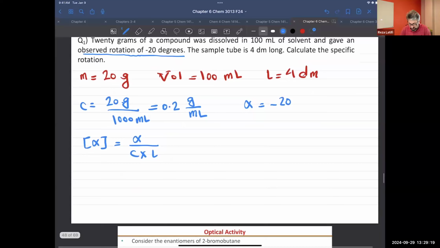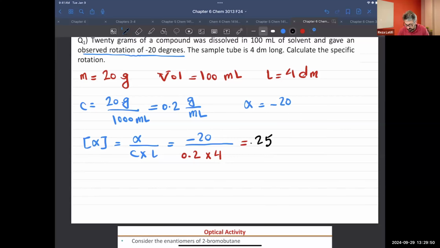So we go minus 20 divided by 0.2 gram over milliliter, multiplied by, you don't really need to write the unit here, just put the number 0.2 multiplied by 4 decimeter, and calculate that one. So I go 20 divided by 0.2 divided by 4. I got this equal to 25 degree. It's negative, so I'm going to say the specific rotation is minus 25.